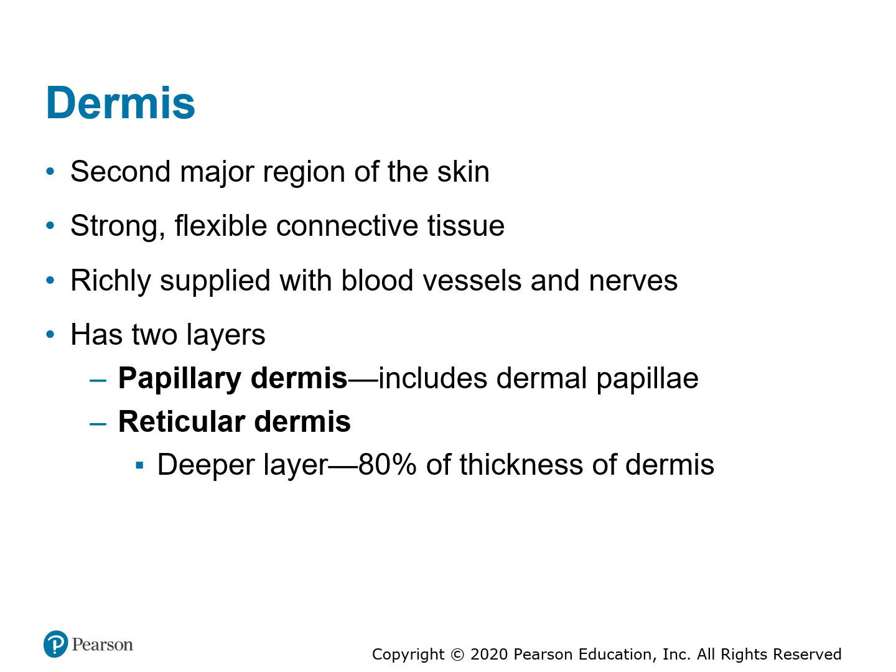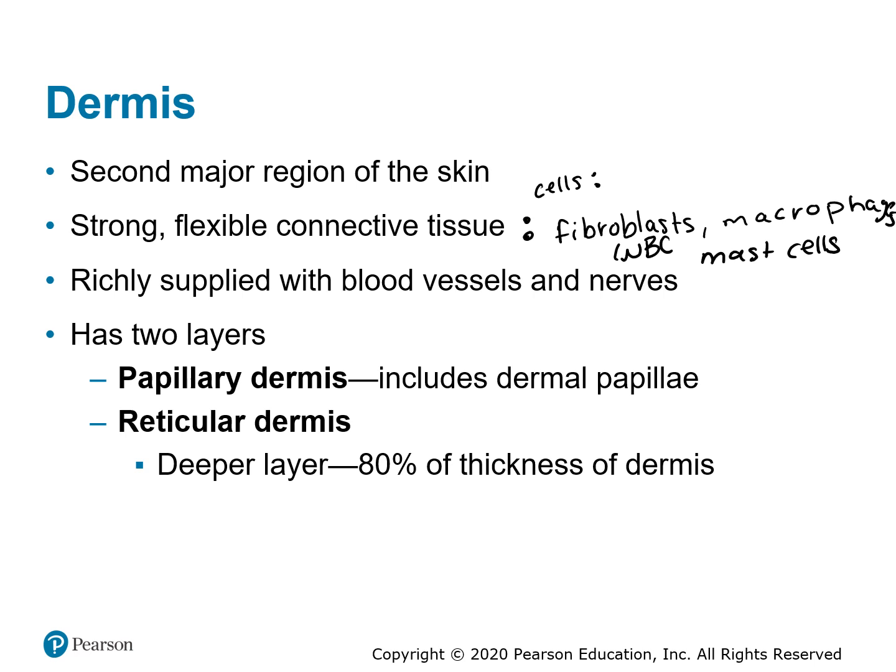Because it is connective tissue, what type of cells do we expect to see in the dermis? So because it is essentially connective tissue, most of the cells that you would find in connective tissue, you will also find in the dermis. Okay? The dermis is richly blood supplied. It has lots of blood vessels, lots of nerves, so it is very, very vascularized. And it has 2 main layers.